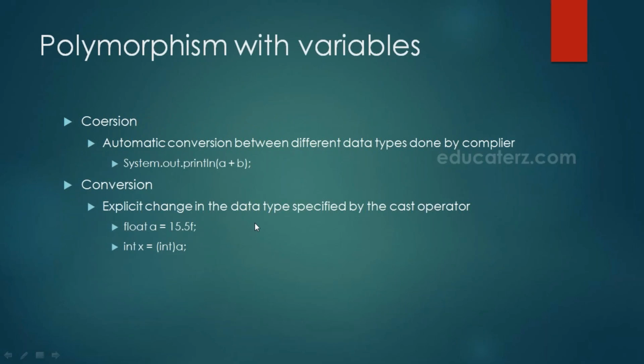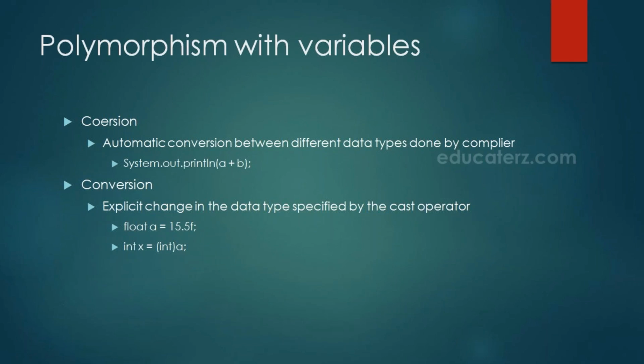When we use variables, the data type of the result is decided by the compiler. For example, in the statement System.out.println(a + b), the Java compiler decides the data type of the result of the expression a + b depending on the data types of a and b. If a and b are int type, then a + b will also be taken as int type.